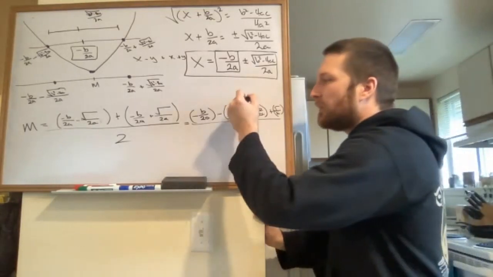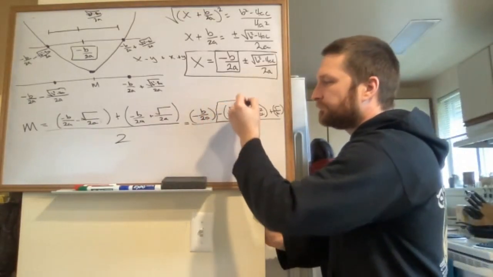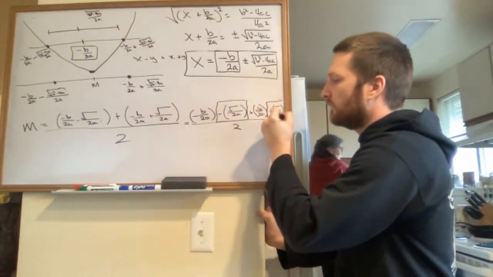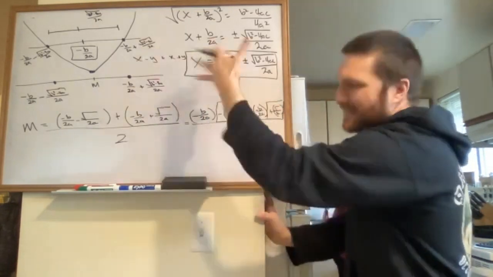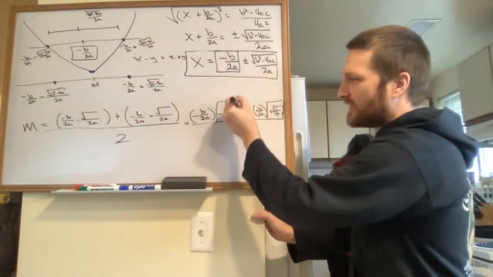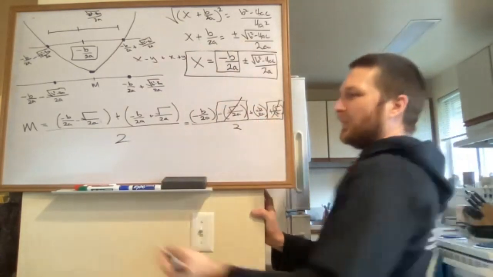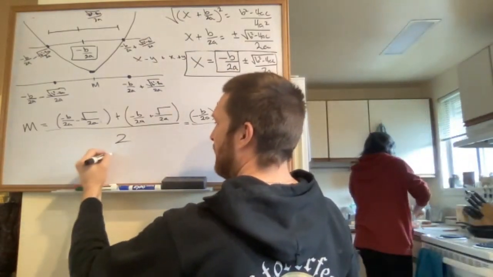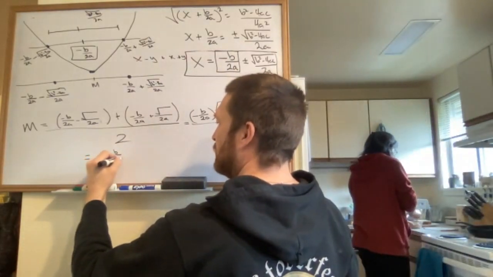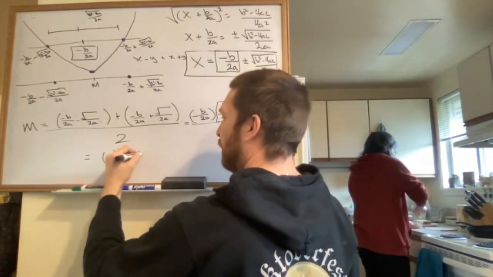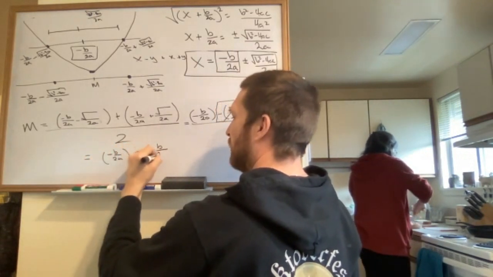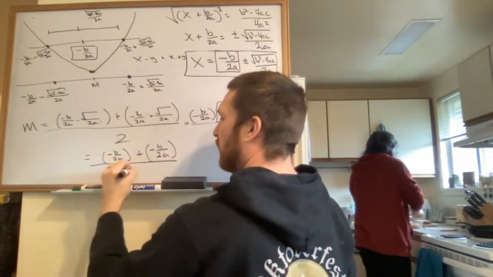Well, the plus and the minus square roots cancel, the same way that the y's canceled earlier. So those guys are gone. What we're left with is minus b over 2a plus minus b over 2a, all over 2.